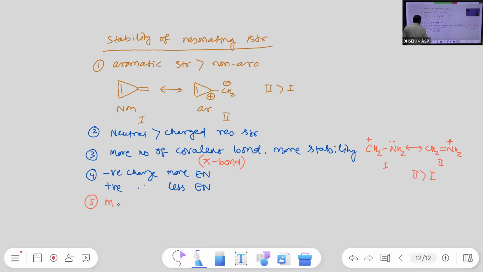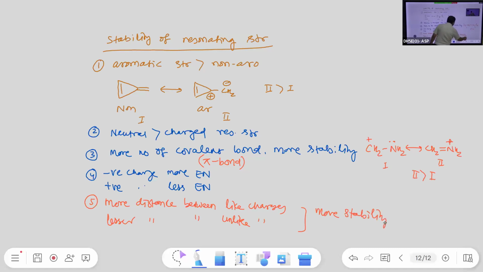So we can write: more distance between like charges and lesser distance between unlike charges, more is the stability.